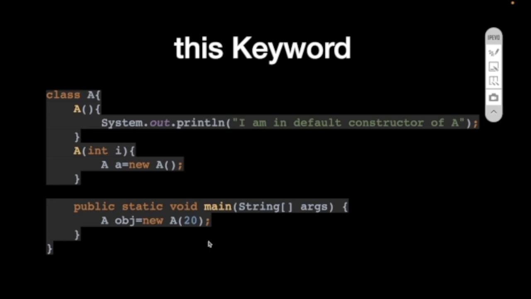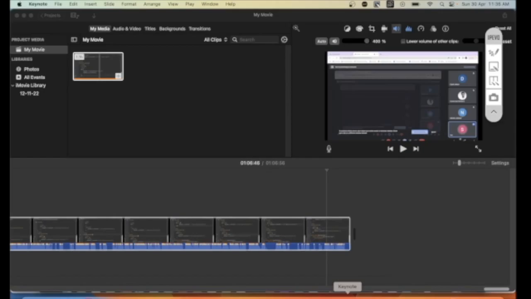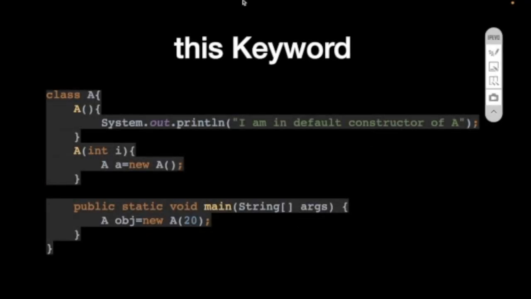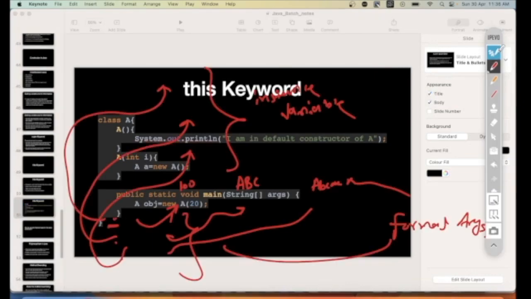One more thing was that whenever we are creating the object by using the new keyword, internally the memory will get allocated. Okay, let me just go here and open it in drawing mode.